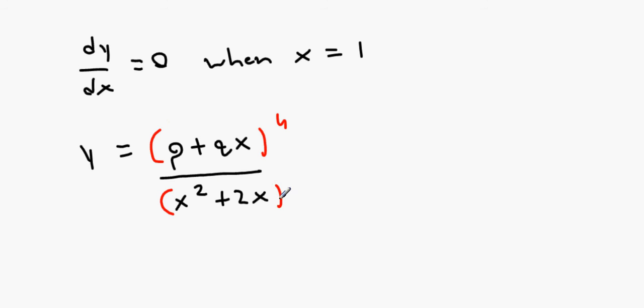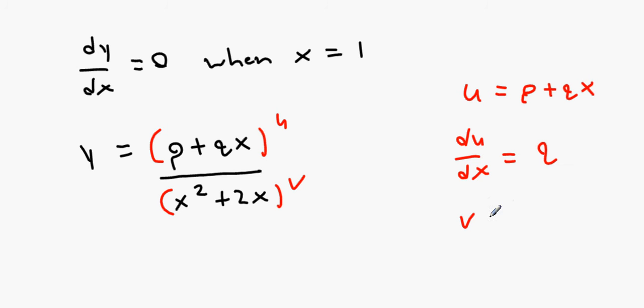So u is equal to p plus qx. This means that du/dx ends up to be, when you differentiate any number, and we've been told that p is an element of R, it disappears. So the answer for du/dx is q. Now, v is equal to x squared plus 2x. Differentiate v to get dv/dx, and we know that this is 2x plus 2.